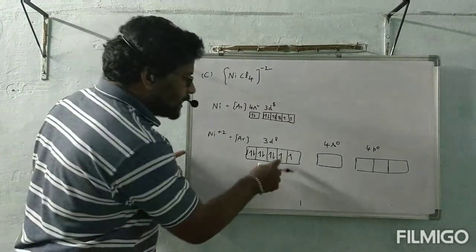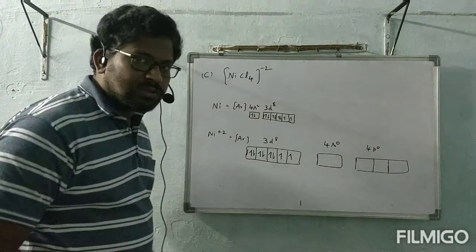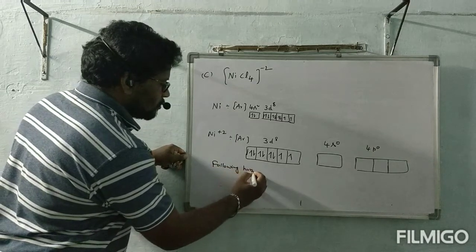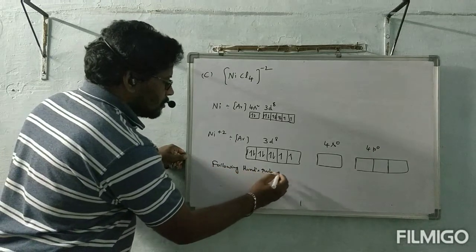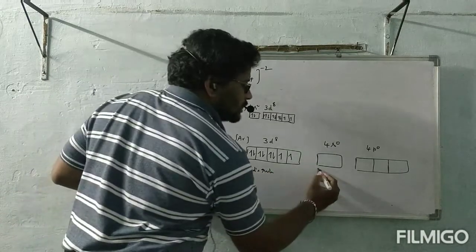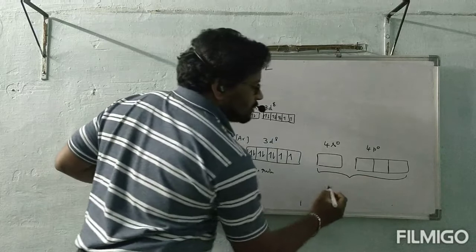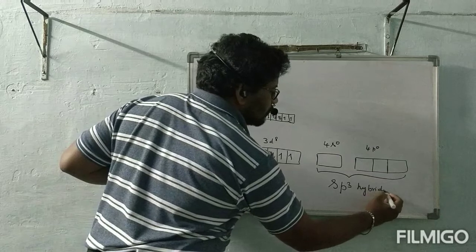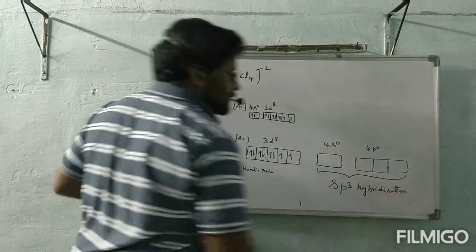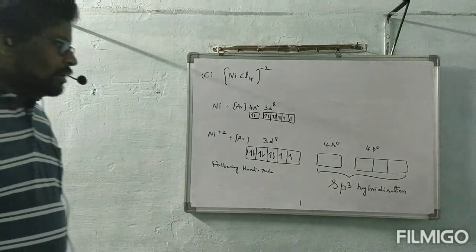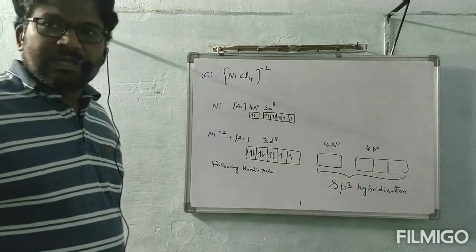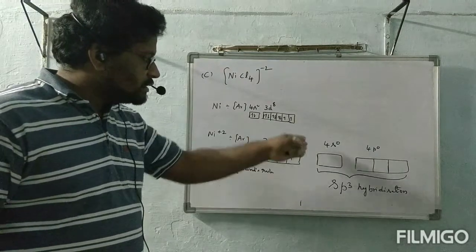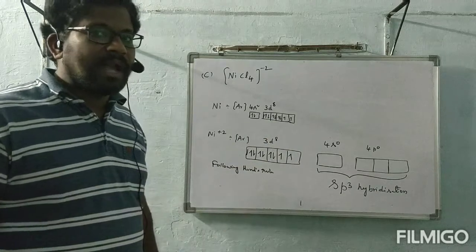In this, pairing has not taken place, following Hund's rule. Then what is going to happen? This 1s orbital and 3p orbitals will undergo hybridization, sp3 hybridization. In this, we will not say whether it is an inner orbital complex or outer orbital complex, because in this complex, d orbitals are not involved in hybridization.